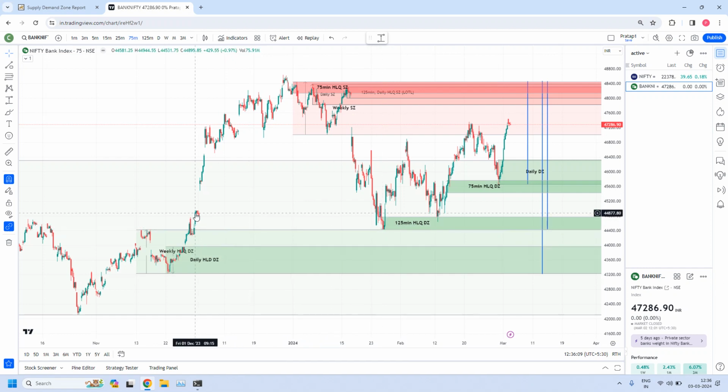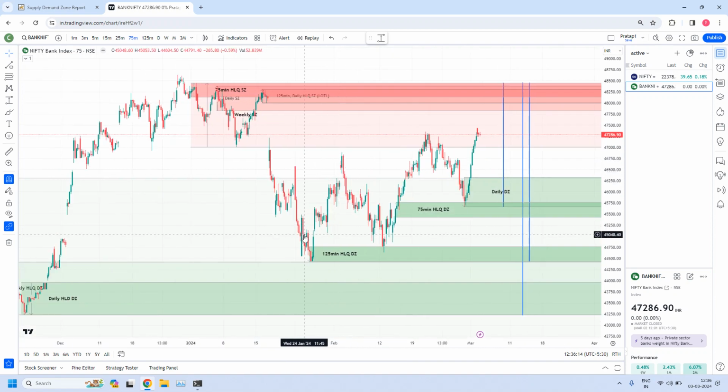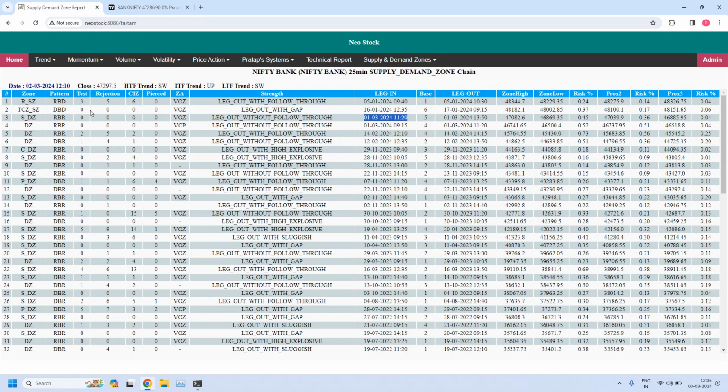Where is 1-3? This is supply area, right? Why is it showing demand? Sorry, I'm seeing 1-1. Sorry for my mistake.